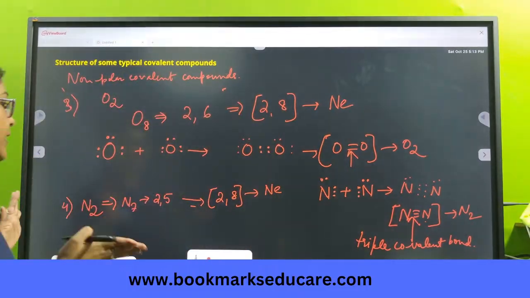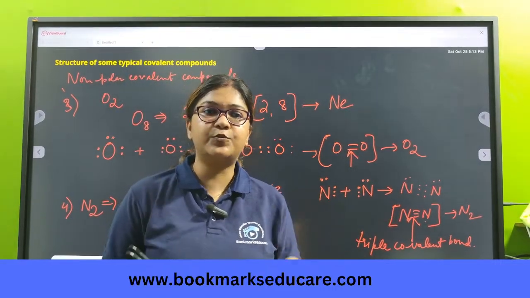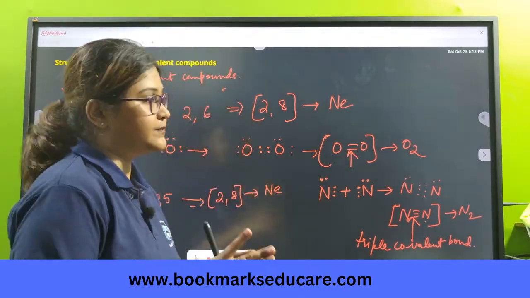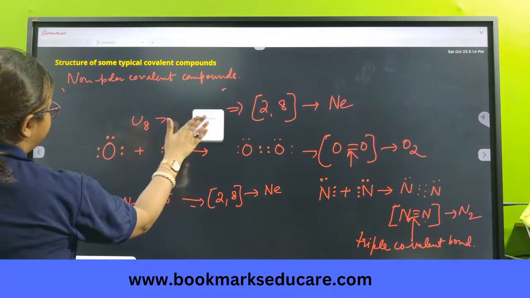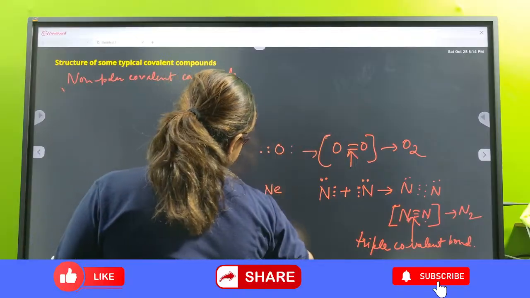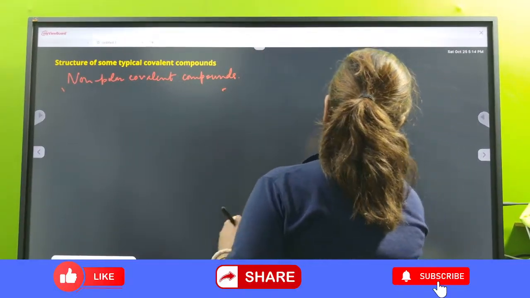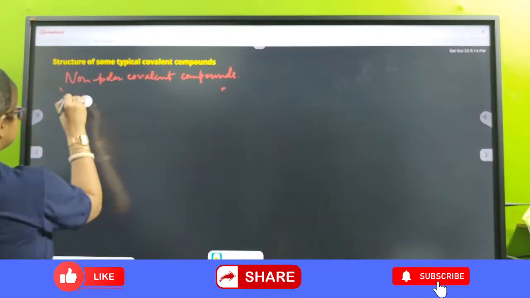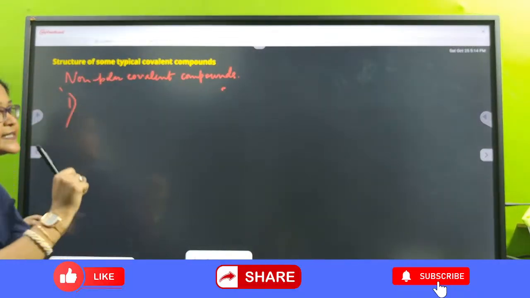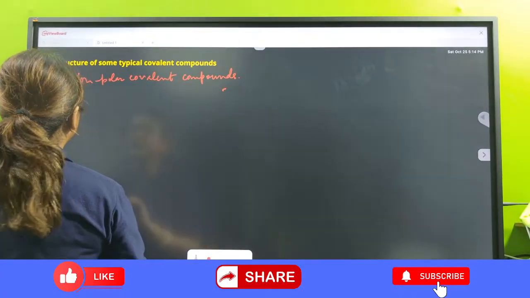Now these were the examples of covalent bonds that occur between similar atoms. Now what about examples of covalent bonds occurring between dissimilar atoms or elements? HCl I have already shown earlier, water also I have already shown earlier.